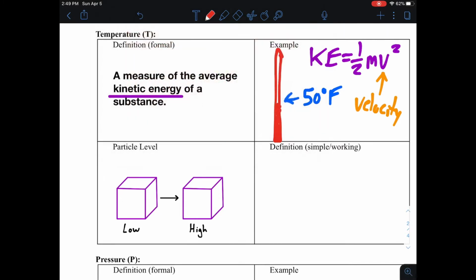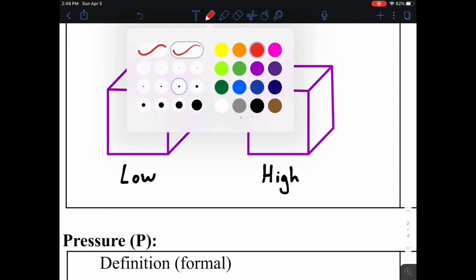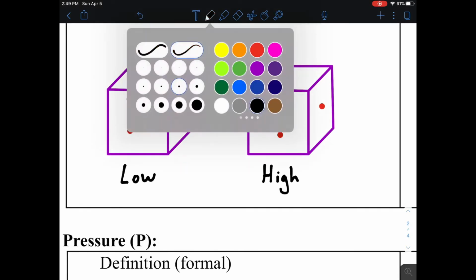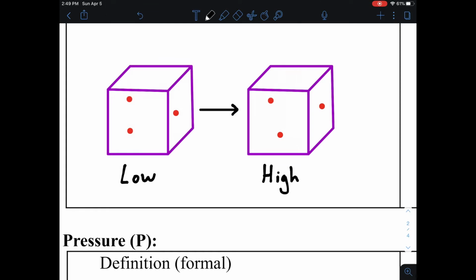So in this next particle level image, we need a way of showing some particles moving slower and some particles moving faster. On the left-hand box, let's start by just drawing an equal number of particles on both sides. Let's do 3 particles. The difference, though, is that on the left-hand side, they're going to have a low temperature, so we need a way of showing that.